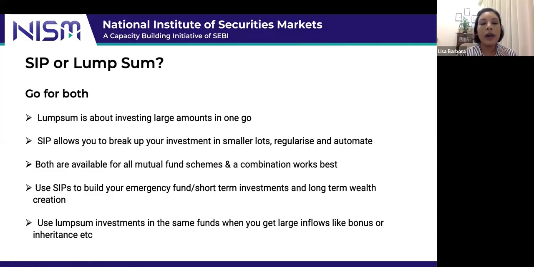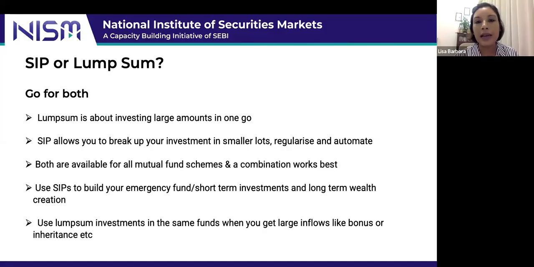So it's not right to compare SIPs or lump sums in terms of returns because there are two different kinds of investments. SIP, you're investing every month, so the return of your first installment will be very different from the return of your last installment. But choosing it depends on your circumstance. If you're a business owner whose income is sporadic, you don't know when a lot of money will come, you may end up investing more in lump sum than in SIPs.